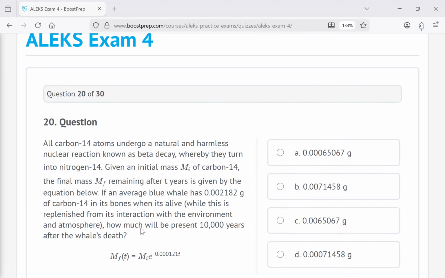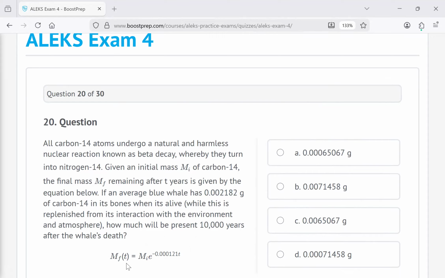So they're saying that this whale had some carbon-14 atoms, right? And then it just disappears after some years, and they want to know how much is left. So you just plug in values. I think our t is our time.